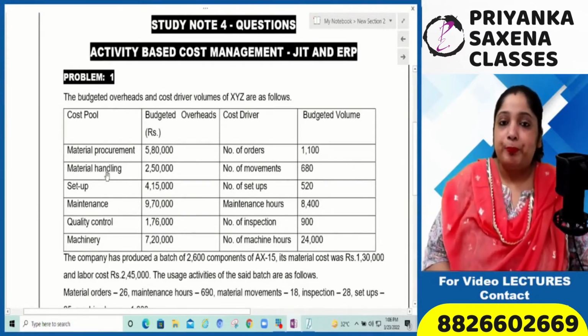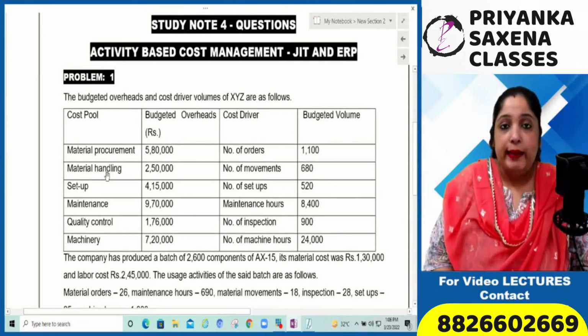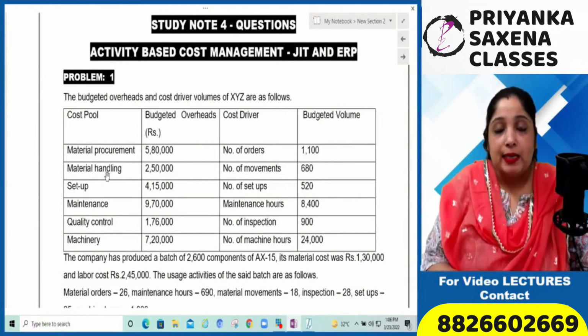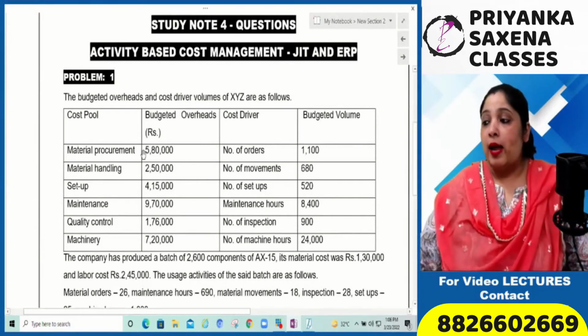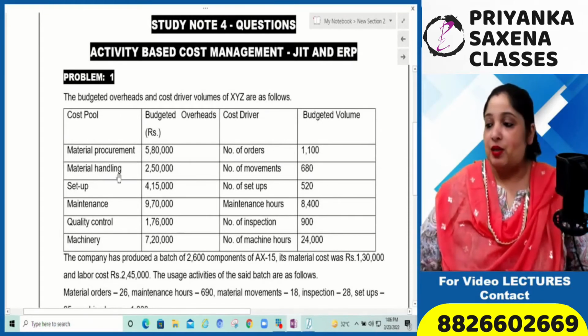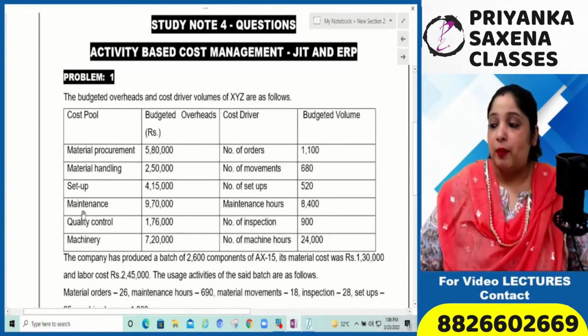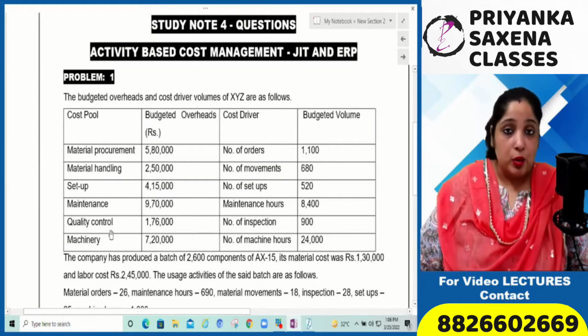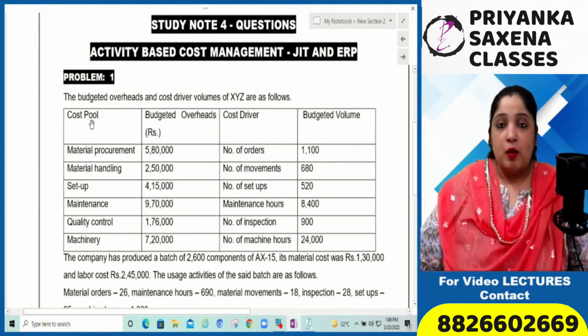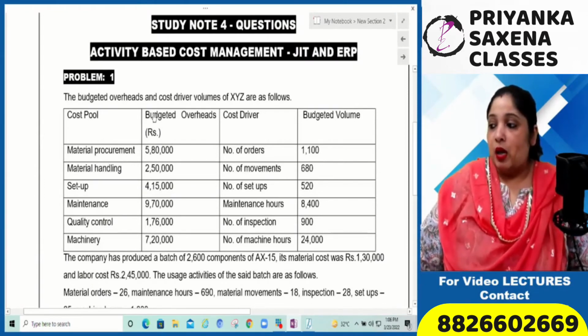Material handling means, if you talk about raw material handling, from the godown the raw material is taken to the factory place, the production site, and the finished goods, work in progress, all material is handled at different stages. Setup cost, maintenance of the machines, quality control is also an activity, and machinery. So these are the cost pools, basically the names of the cost, the overheads.